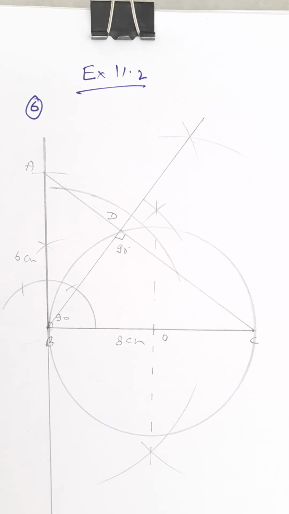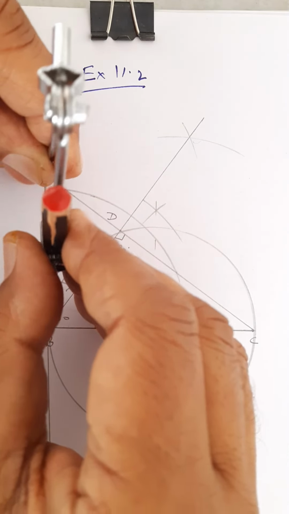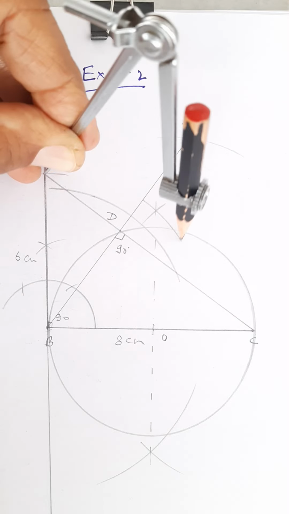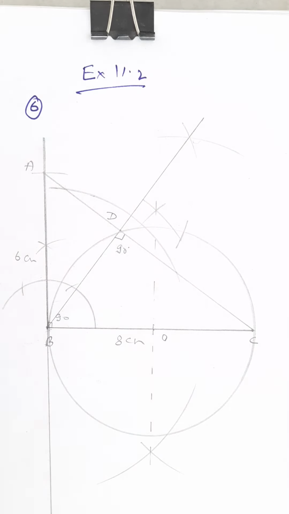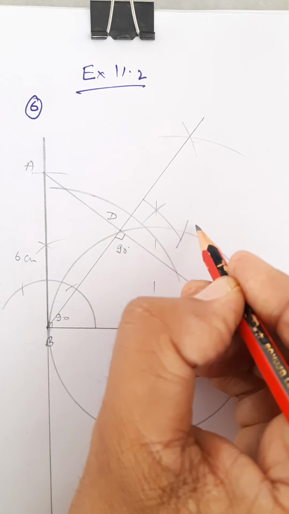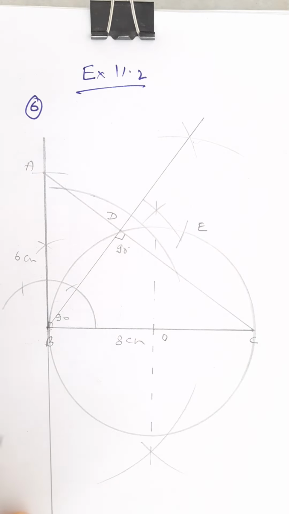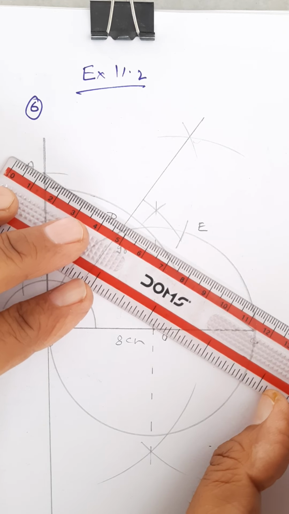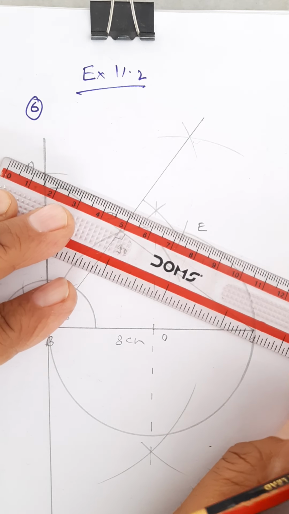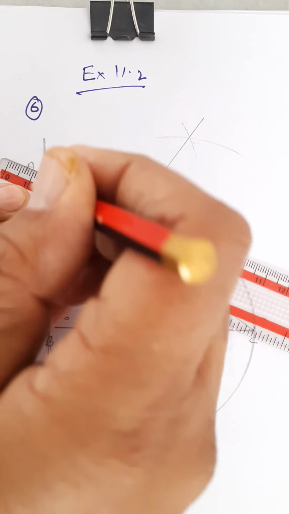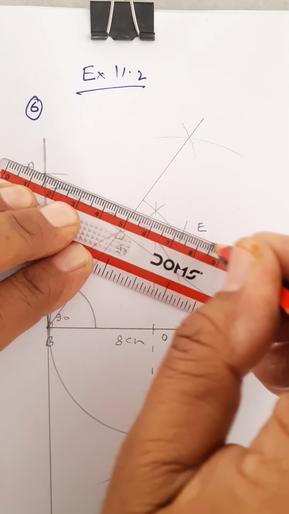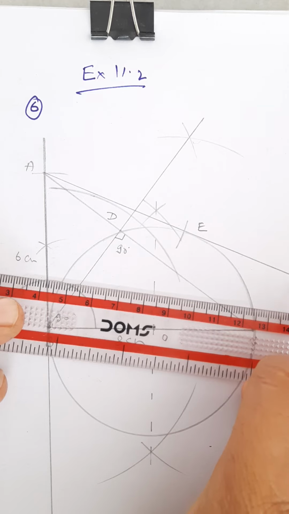Now the length of this tangent from A is 6 centimeter. So here you can take another point at a distance of 6 centimeter, because you all know that the lengths of two tangents are always equal. So name it as E and join A to E. So we can say here that this is another tangent.